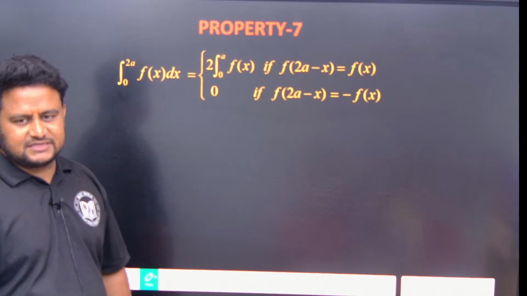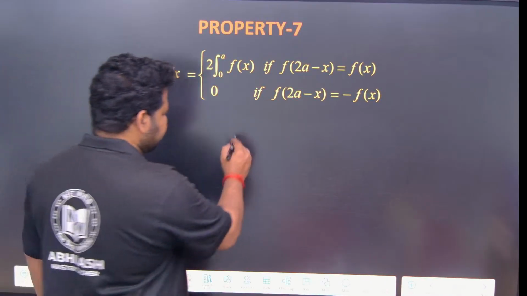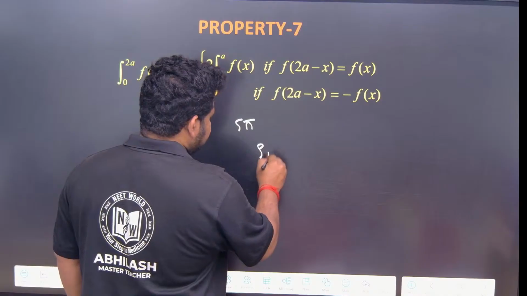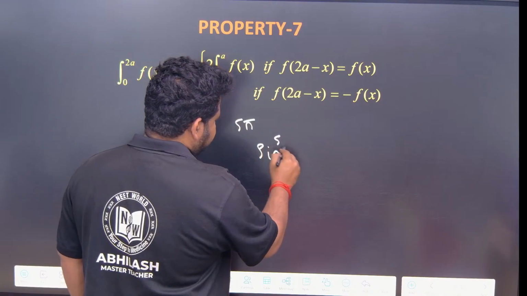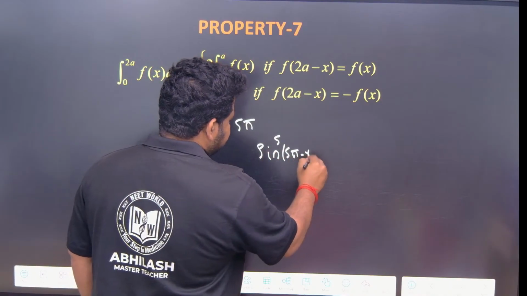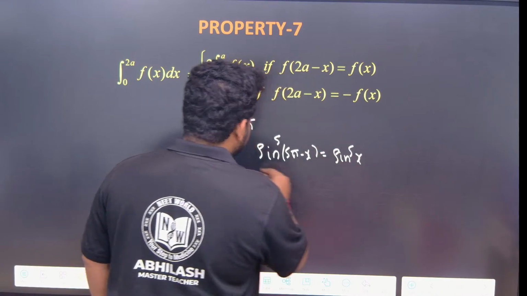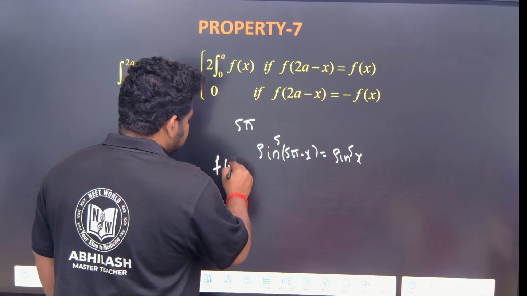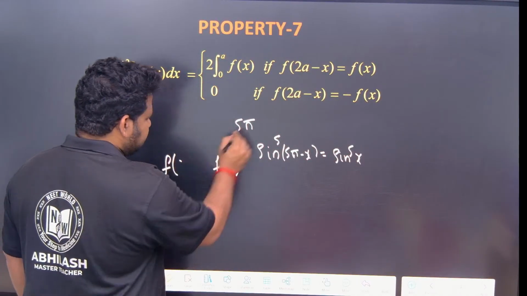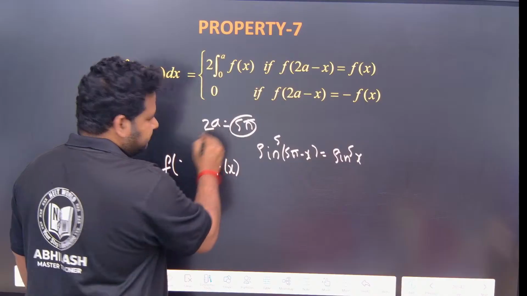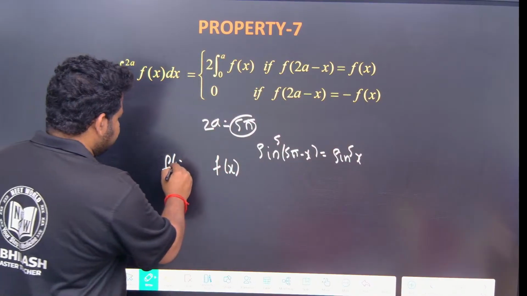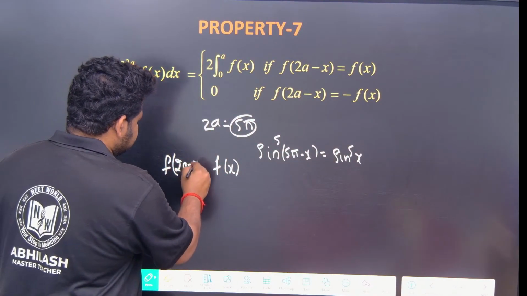That means if I take sine of 5 pi, power 5 is there, 5 pi minus x will give me what? Sine of 5x. That is what? F of x, f of 2a minus x. 2a is nothing but 5 pi. So f of 2a minus x is giving us sine 5x, that is f of x.